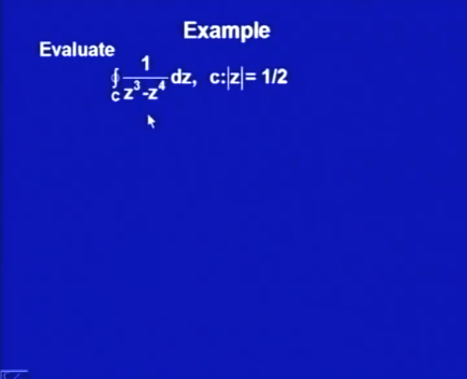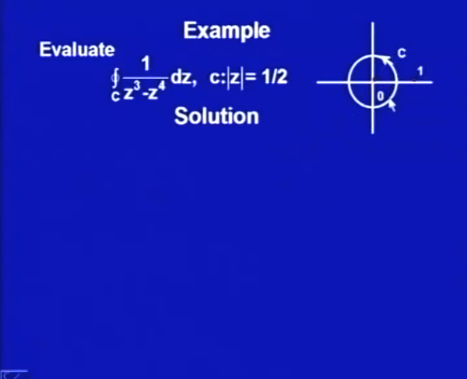Suppose I want to find the integral of the function 1 upon z cube minus z to the power 4 on a contour C, where this contour is a circle with radius half and center 0.